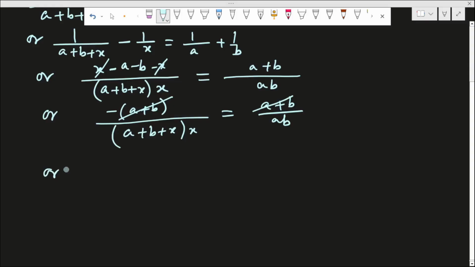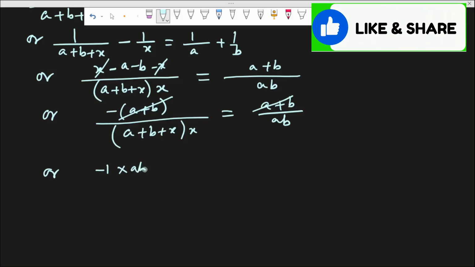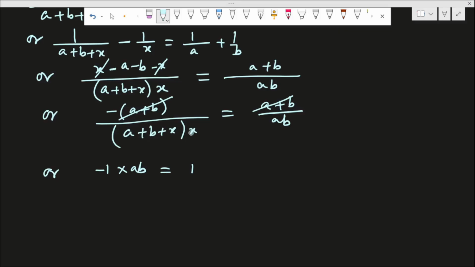Now cross multiplying, that means minus 1 into ab, and the right hand side, left in the denominator, 1 into this multiplied, written as ax plus bx plus x square.